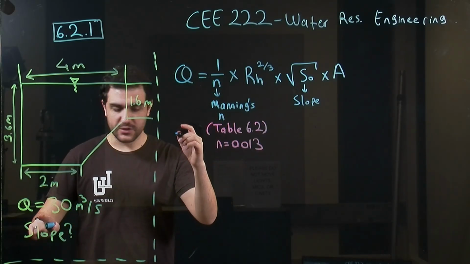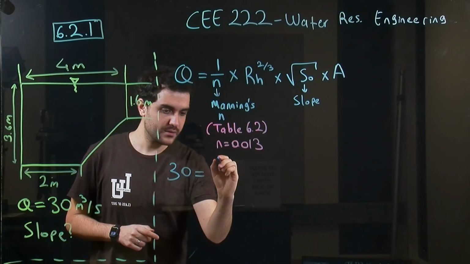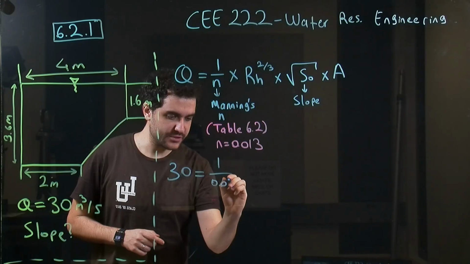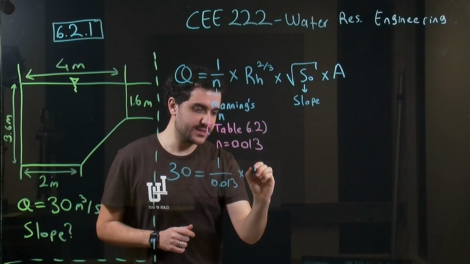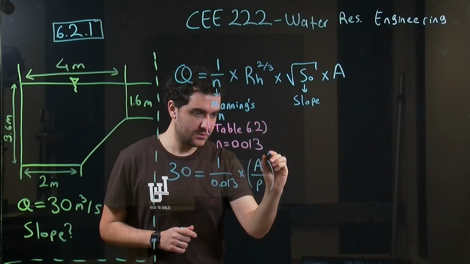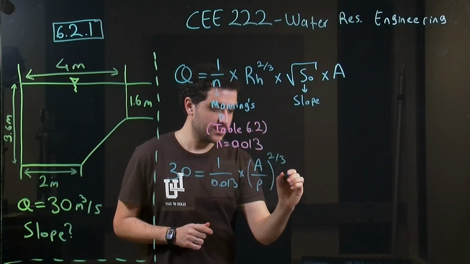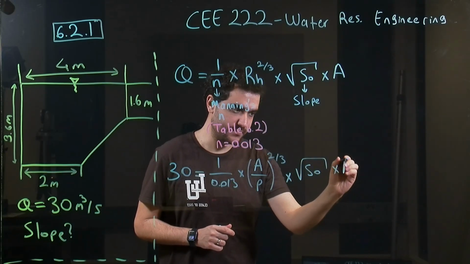So here we have Q, which is 30, is equal to 1 over 0.013 times hydraulic diameter, which is area over perimeter. We don't know the slope, and we have area.